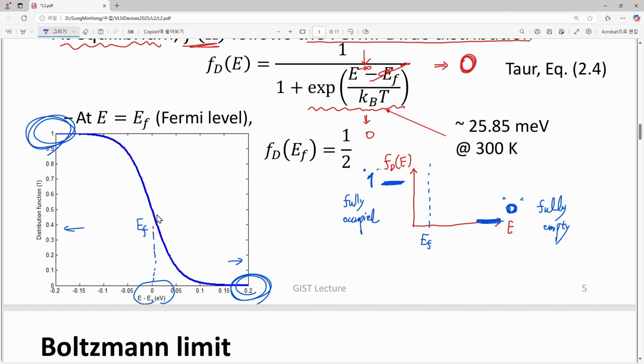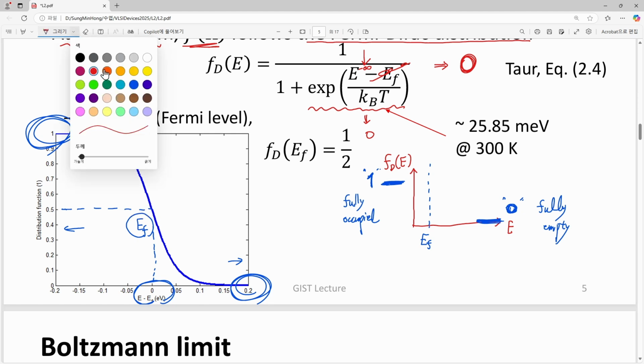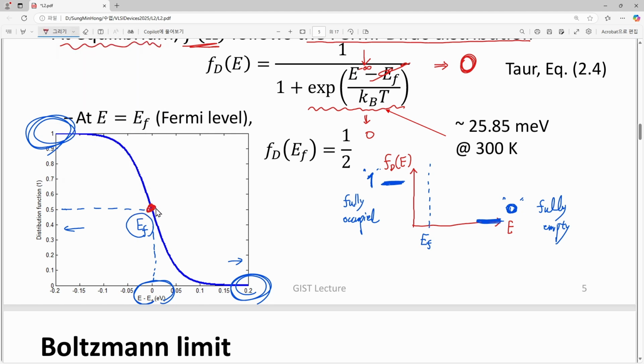So if we have just the number 0 corresponding to the Fermi level, then it is always number 0.5. And if we go to a high energy, then this is rapidly decreasing. And at low energy, it is rapidly increasing.